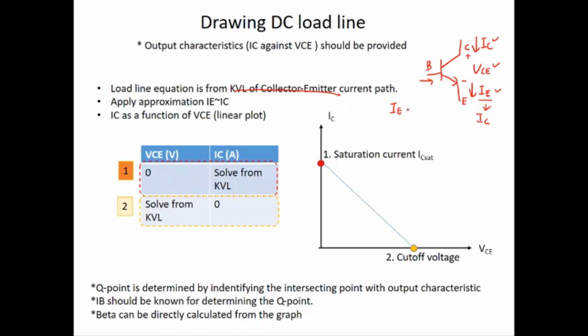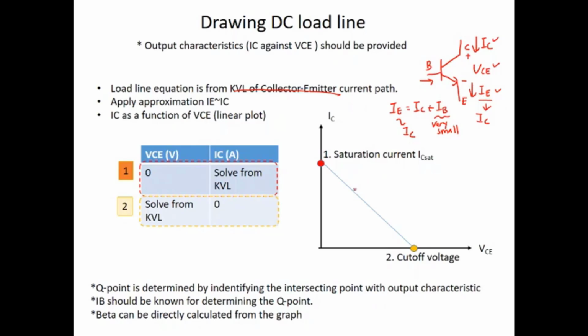From the KCL, IE is equal to IC plus IB, but now the IB is very small, so IE can be approximated to IC. When we do the approximation, the KVL equation will only have VCE and IC as the parameters.